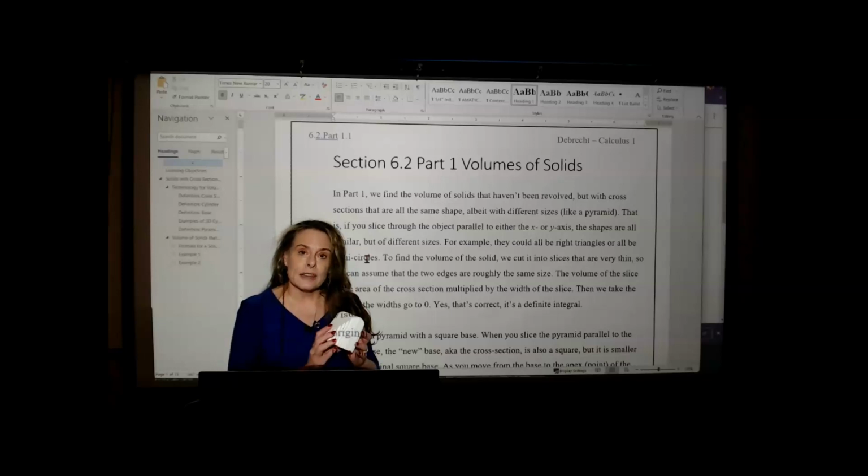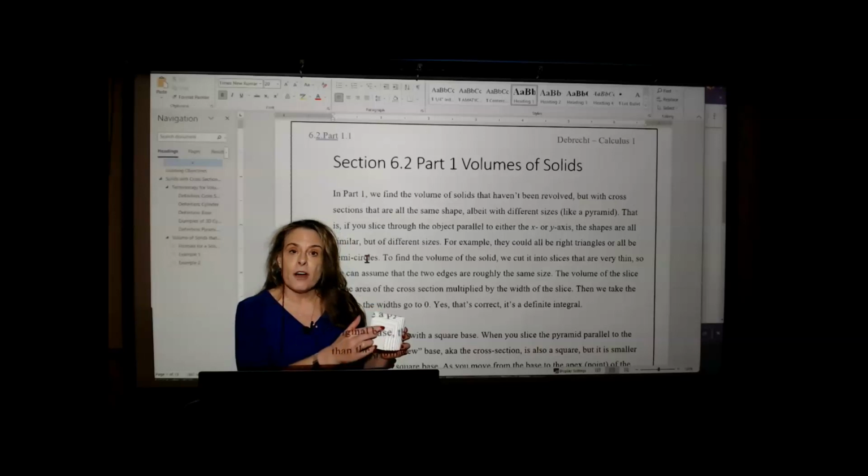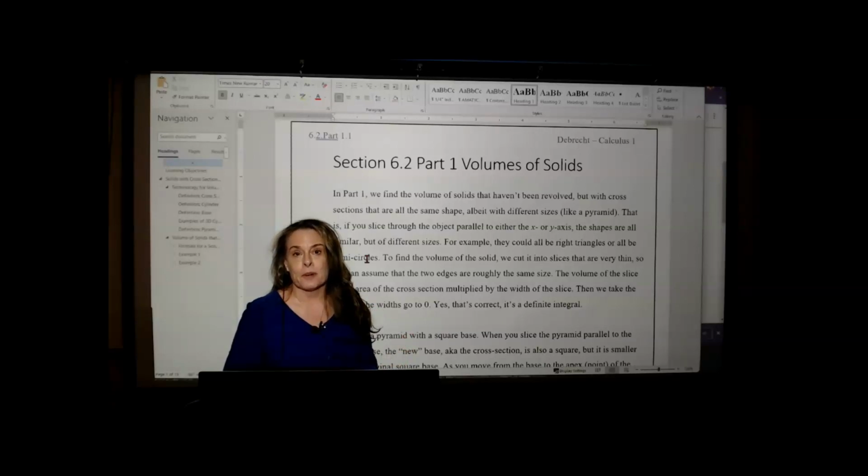So when we're looking at these, we can approximate the volume by finding the volumes of each individual square and adding them together. Then we take the limit as the number of squares goes to infinity, and this will give us the volume of the solid. It sounds like, and it is, a Riemann sum. And of course, it becomes a definite integral.